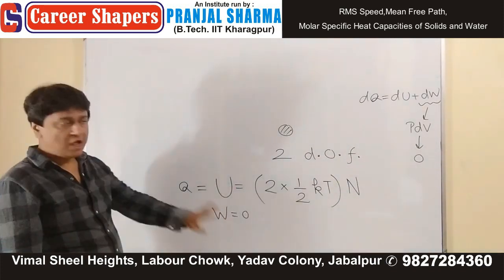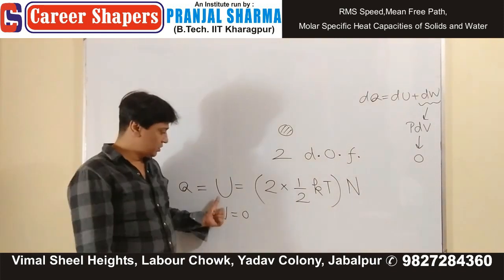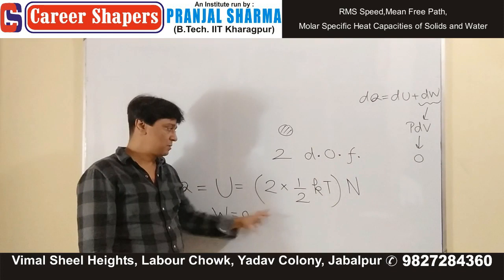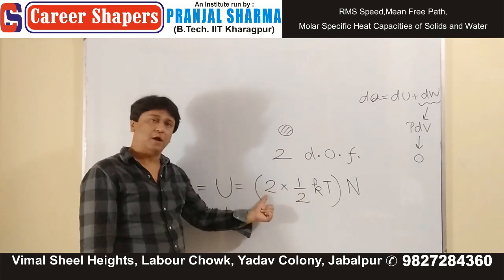So for a given axis, you can write U for a given axis. U for a given axis is what? Half kT multiplied by 2.